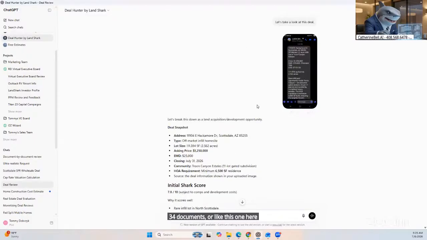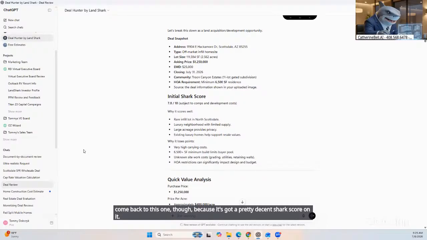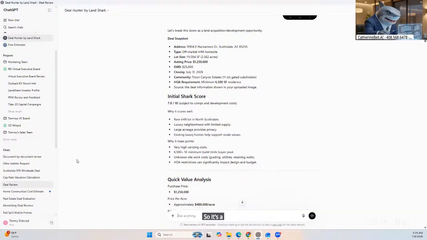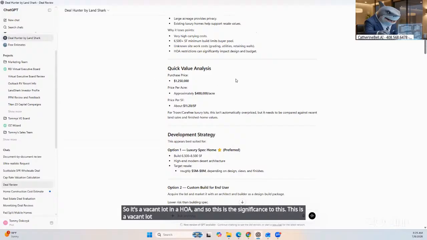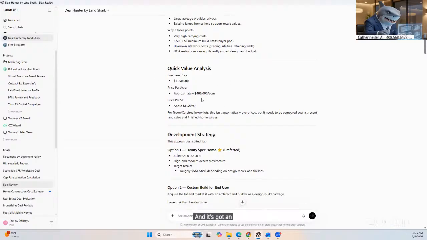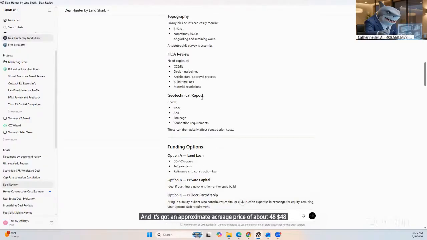I just did again the screenshot. That's not the one I want to show you. I'll come back to this one though, because it's got a pretty decent shark score on it. So it's a vacant lot in a HOA, and this is the significance. It's got an approximate acreage price of about $480,000, $488,000.